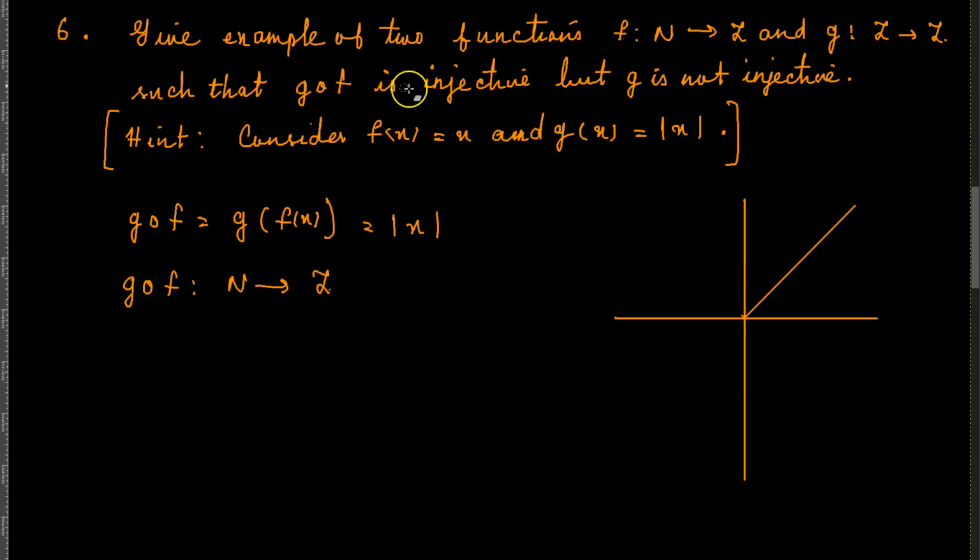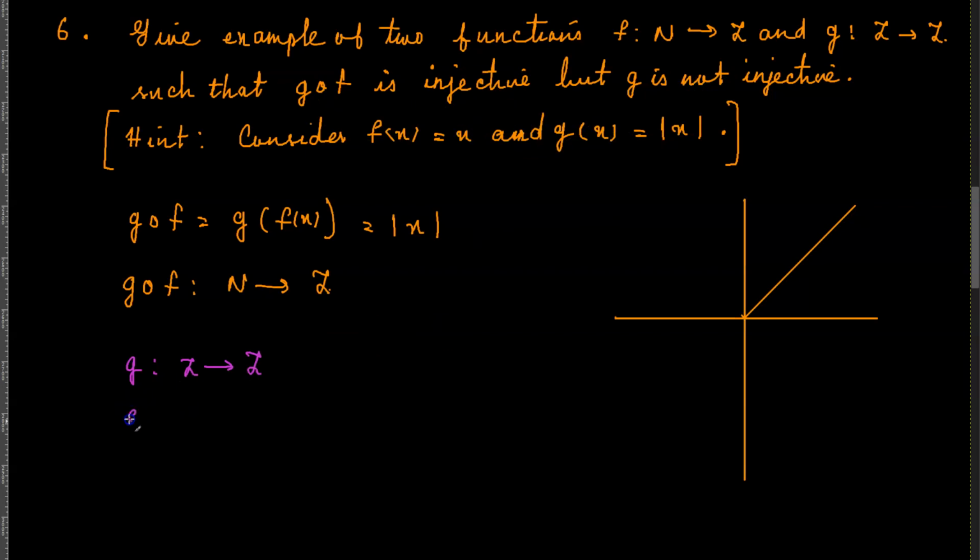So that is the shape of your function, and the function becomes injective. Otherwise, g itself is a function from Z to Z, and you know that Z is basically all of these numbers, of course only the integers.